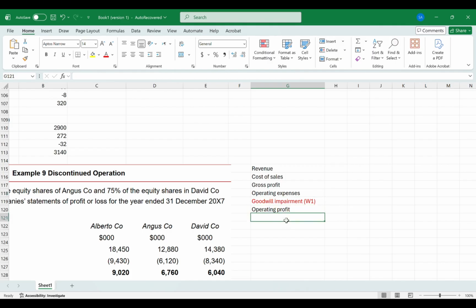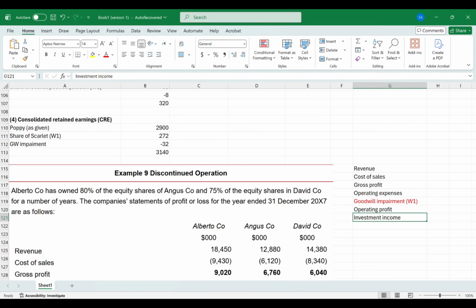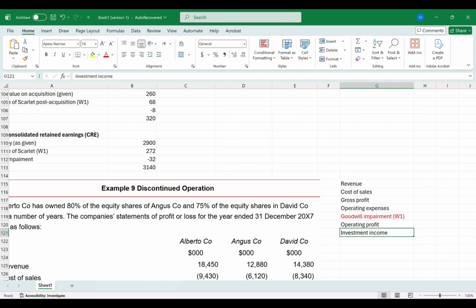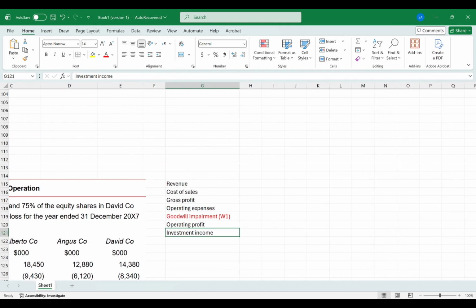Then comes my investment income. Okay. So see here whether we have an investment income. Yes, after operating profit, investment income. Then profit before financing and income taxes. So I will write profit before interest and tax. Okay. Then my interest expense.